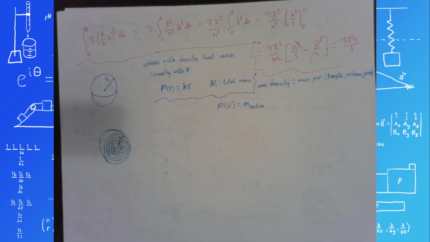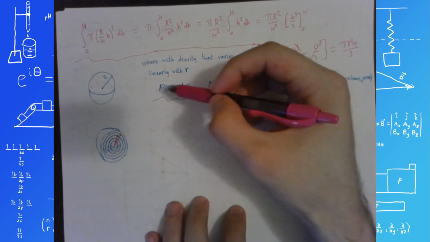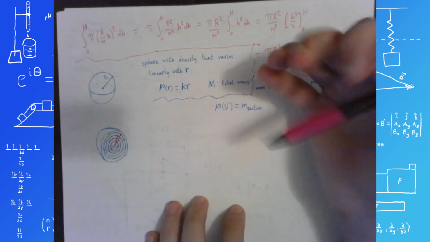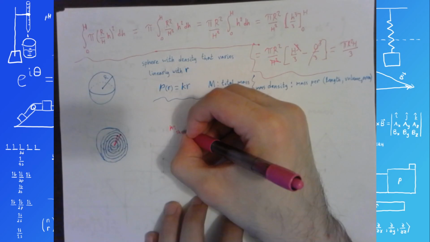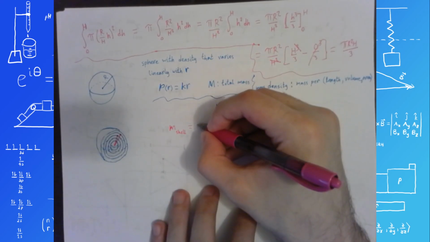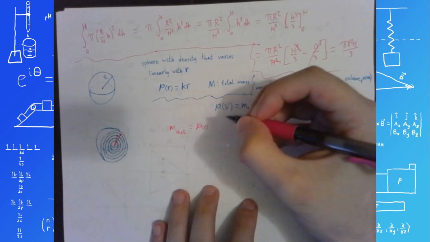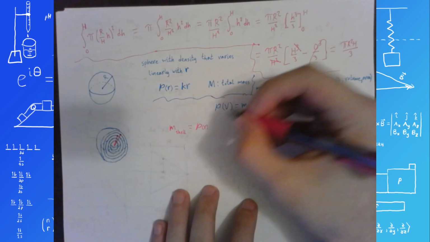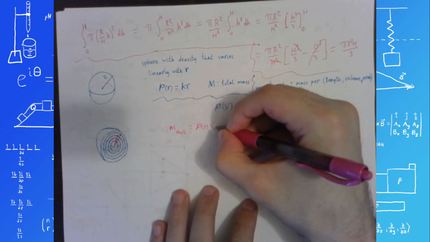So for any individual one of these shells, I can treat the density as being constant for that particular shell. Then I can say that the mass of an individual shell is equal to the density, which will be constant for that shell, or constant enough, times the volume of that particular shell.